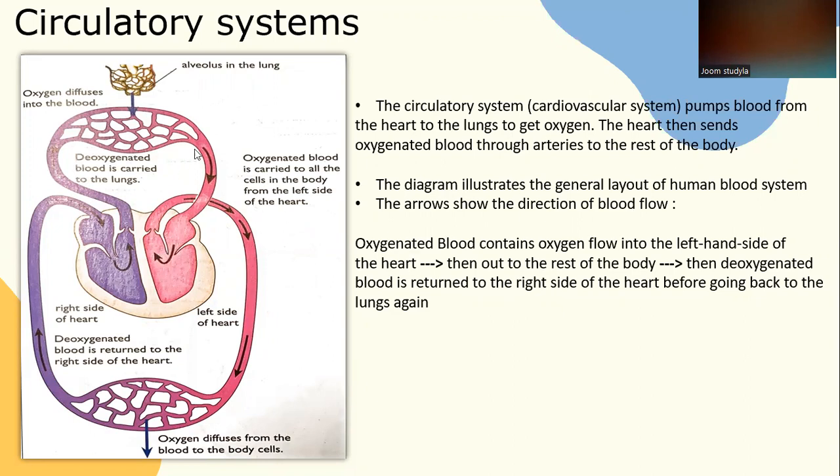The arrows show the direction of blood flow. Oxygenated blood flows into the left-hand side of the heart, then out to the rest of the body. Then deoxygenated blood is returned to the right-hand side of the heart before going back to the lungs again.